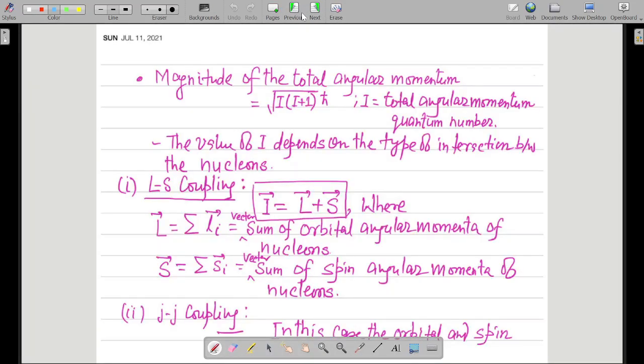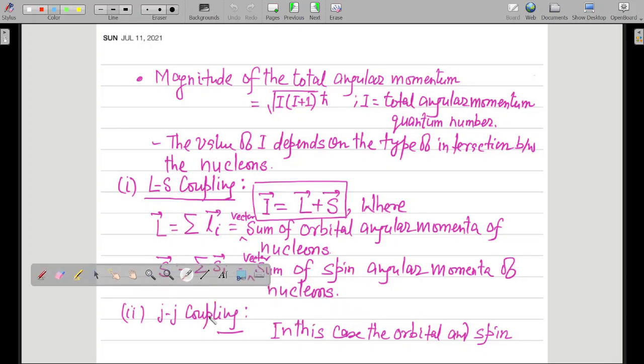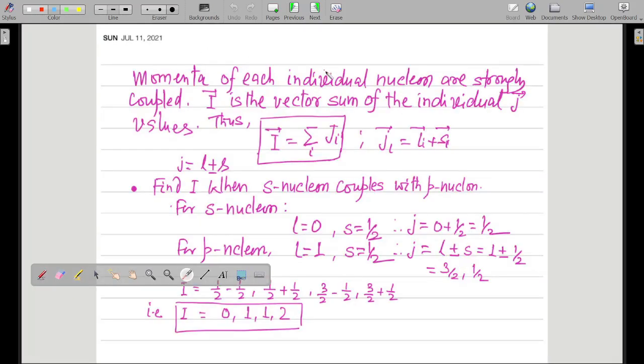See over here what has been written. Just have a look at it. In JJ coupling, the orbital and spin moment of each individual nucleon are strongly coupled.